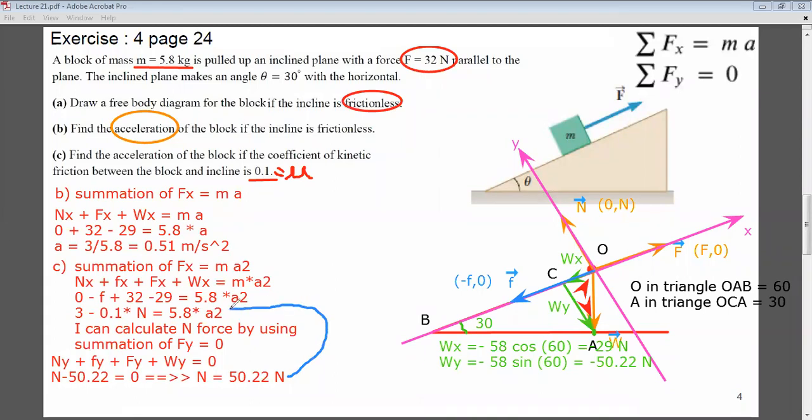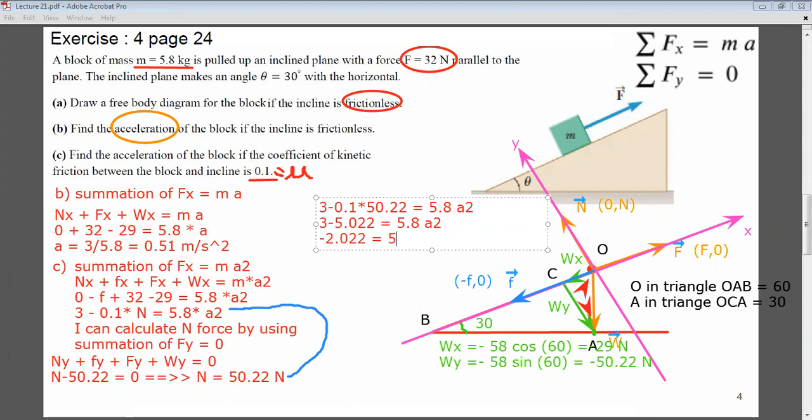Okay, so now I plug this value in this equation. I get 3 minus 0.1 times 50.22 equal to 5.8 A2. 0.1 times 50.22 is 5.022. 3 minus 5.022 is equal to minus 2.022.